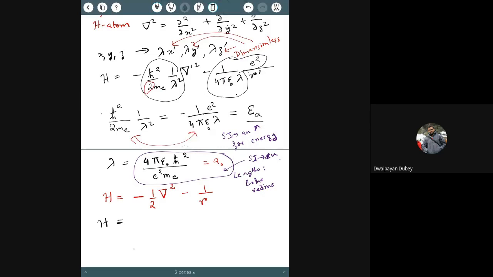So this turns out to be minus epsilon A, plus epsilon A, and then I get this inside the Hamiltonian.